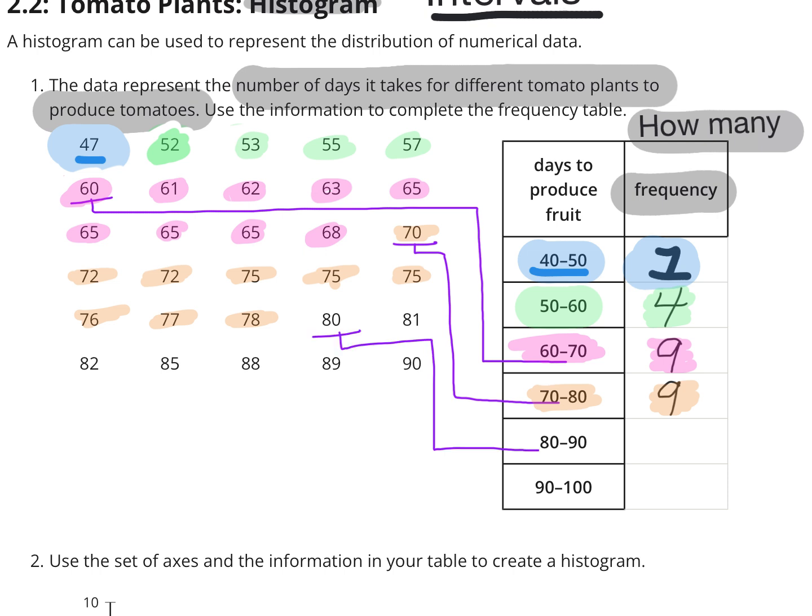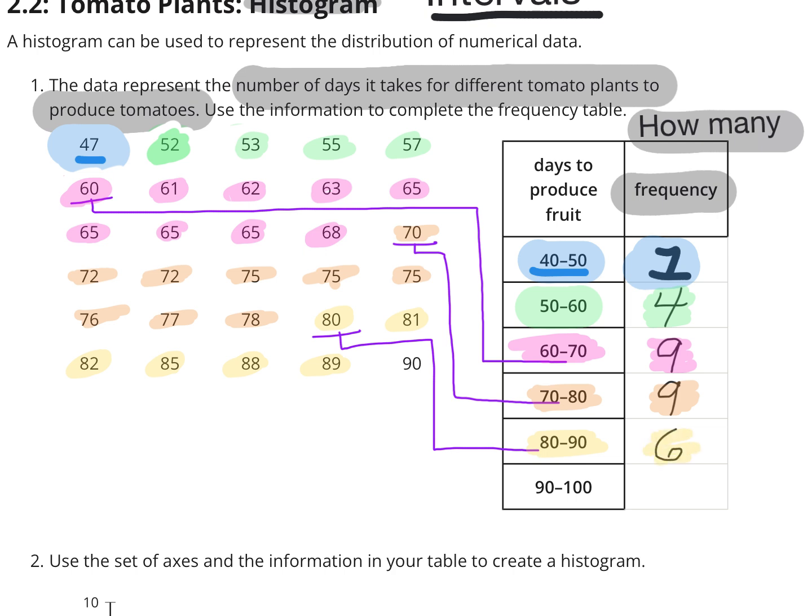Next, we're going to start our next interval, that 80 to 90. And we're going to use our yellow highlighter. So I've got these values that fall in that interval between 80 and 90. So my frequency should be 6.